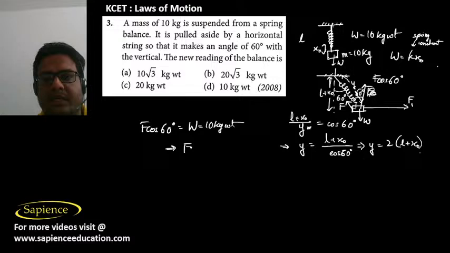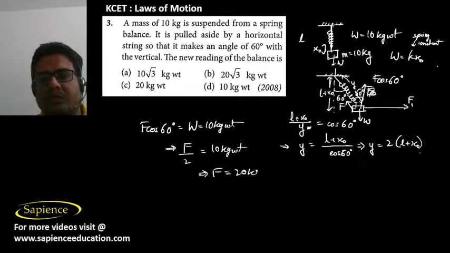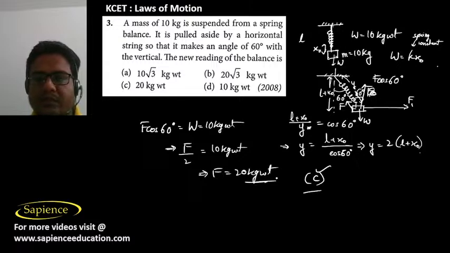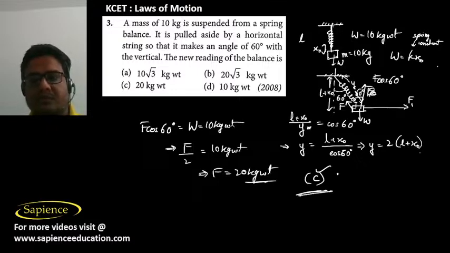So F by 2 equals 10 kg weight, and therefore F will be equal to 20 kg weight. So option C is the correct answer. It means the new reading of the spring balance is 20 kg weight, since the spring balance measures the force.